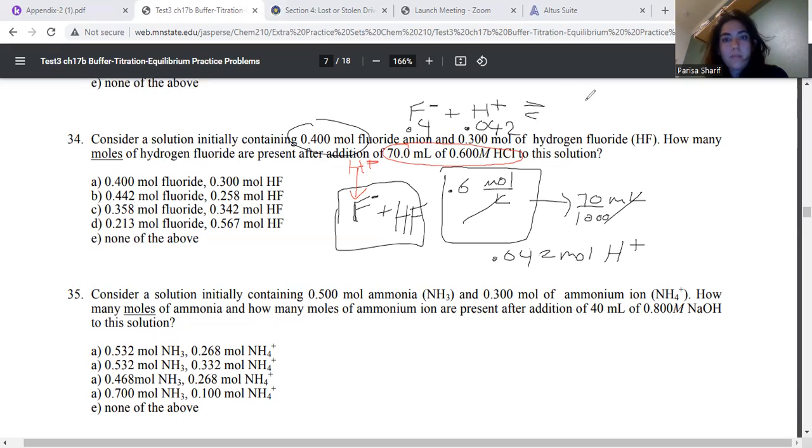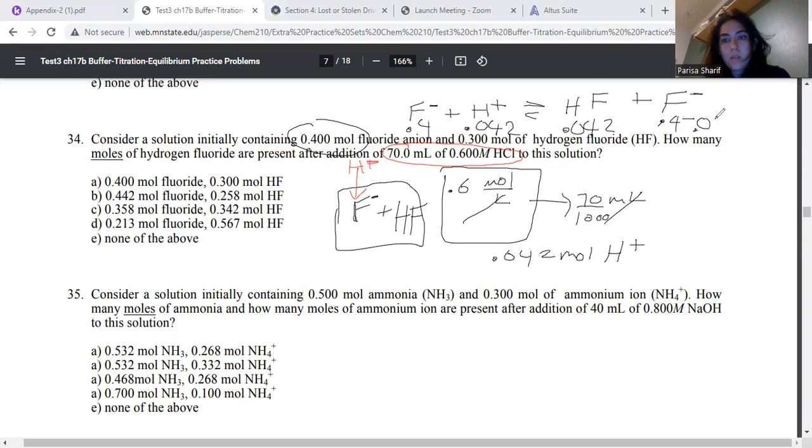And we're going to get, let's put the HF here, 0.042 for our new amount of HF. And then the F minus is going to be whatever 0.4 minus 0.042 is.